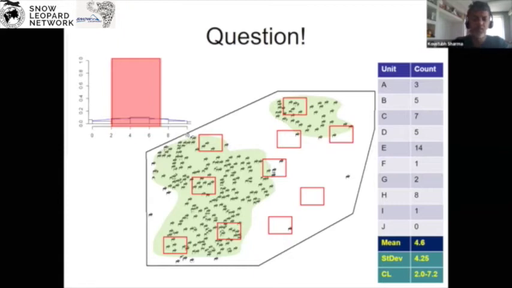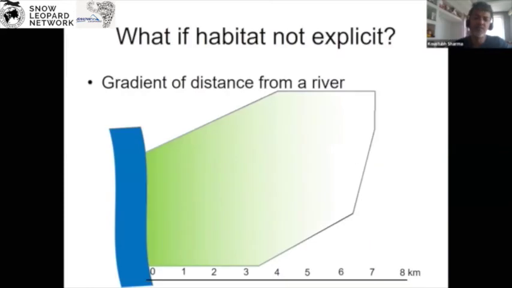Okay, now we'll quickly change gears to a third type of situation, which is this one. Now, this is again very realistic. This badly drawn little blue patch here is a river. Now, this is our study area of interest. We are only interested in how the animals are distributed in this study area.